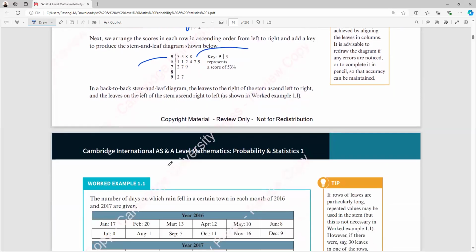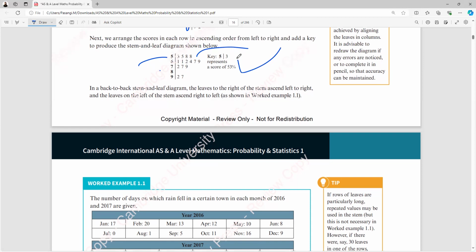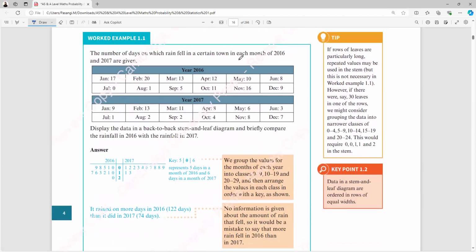So in a back-to-back stem and leaf diagram, the leaves to the right of the stem ascend left to right, and the leaves on the left of the stem ascend right to left as shown in the worked example. Anyway, we already know that one. Okay, look at this example whether it's clear. Worked example one.